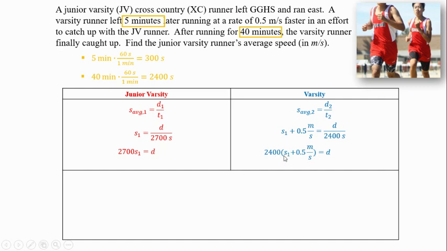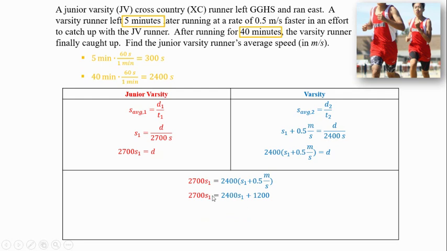This triggers that you need to distribute the 2,400 to S1 and the 0.5 meters per second. By doing so, we can set these two expressions equal to each other because they both represent D. Here's the next line; I just carry the work down. From here, we distribute the 2,400 to S1 and to 0.5, and you should get the statement.